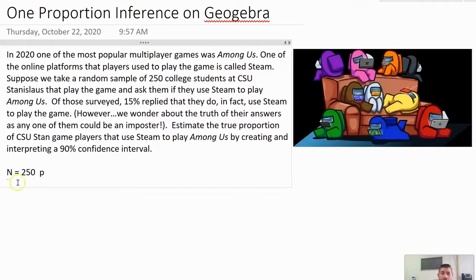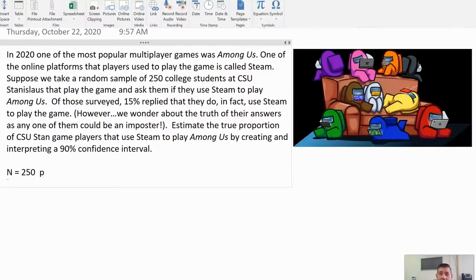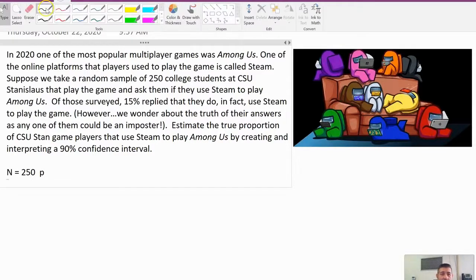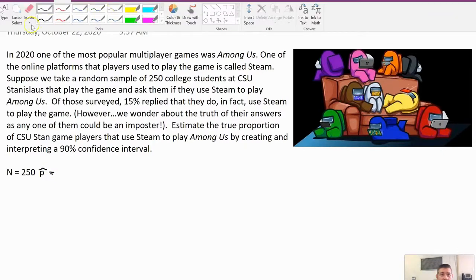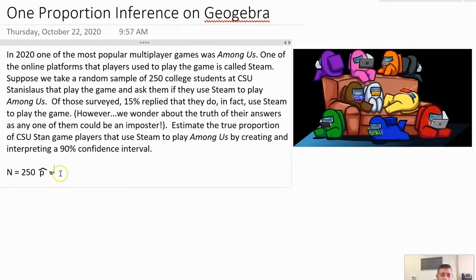I'm going to try to draw a hat here, but my pen is not working. Okay, p hat equals. All right, let me go back to my typing. I don't want to draw anymore. So p hat is going to be equal to 0.15.